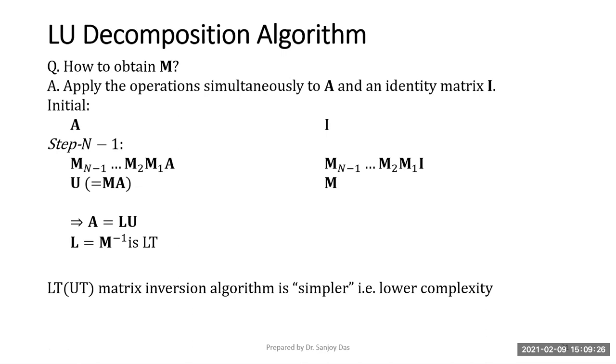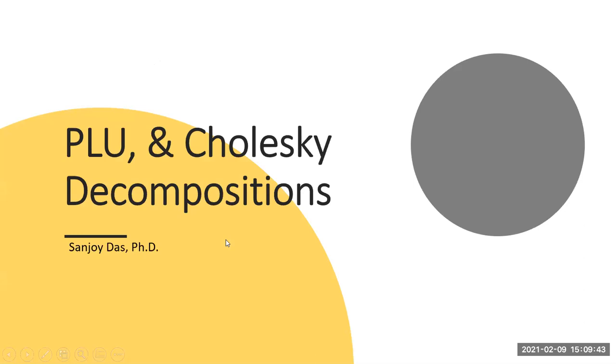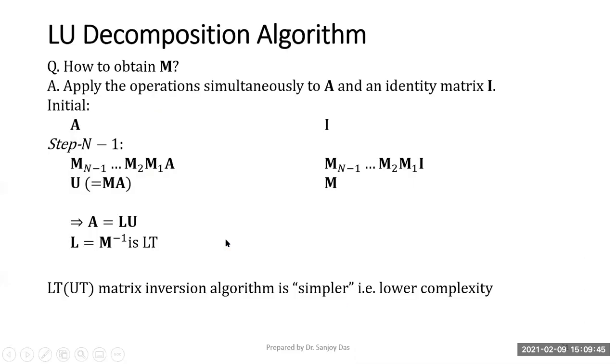There is a lower complexity algorithm to invert a lower triangular matrix or an upper triangular matrix for that matter. Okay, so this is basically LU decomposition. Any questions with LU decomposition before we move to PLU decomposition?